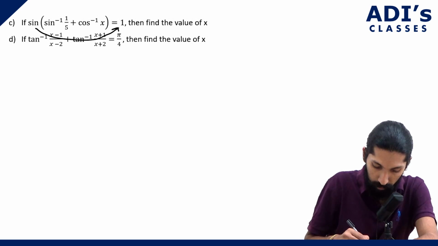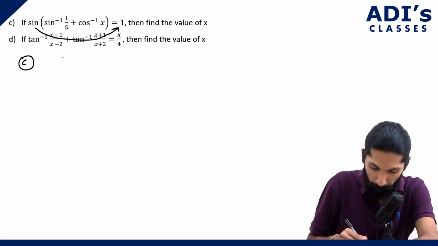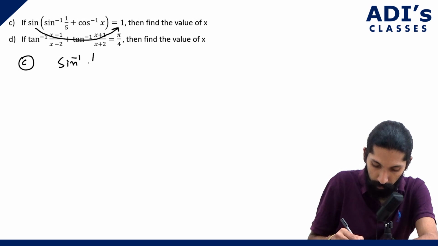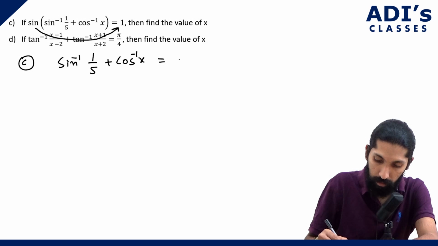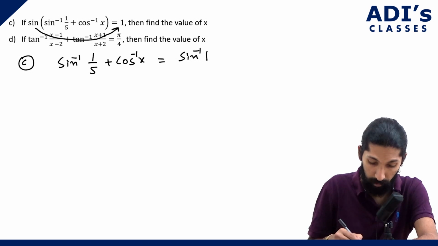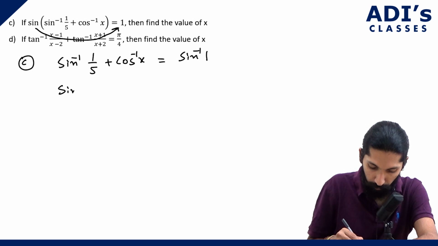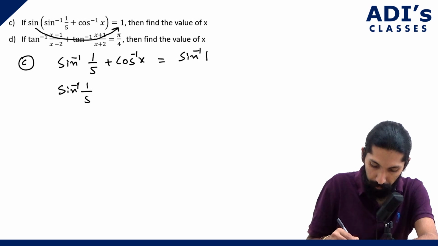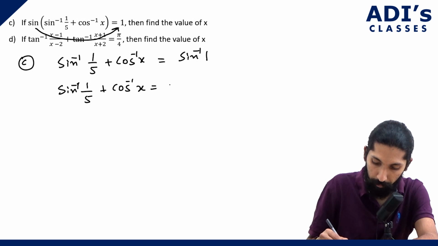That means sine inverse of 1 by 5 plus cos inverse of x is equal to sine inverse of 1, right? So sine inverse of 1 by 5 plus cos inverse x is equal to pi by 2.